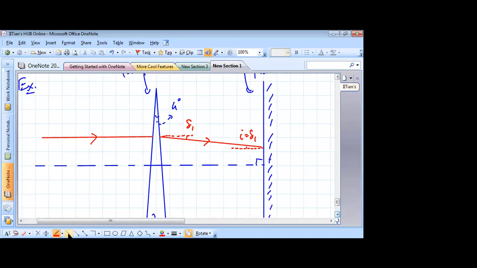Next it suffers a deviation like this, delta 2.